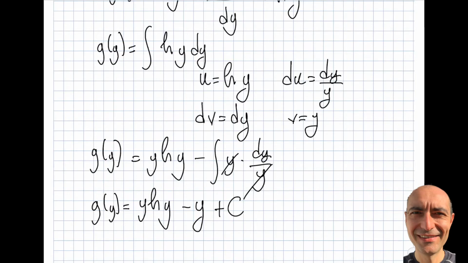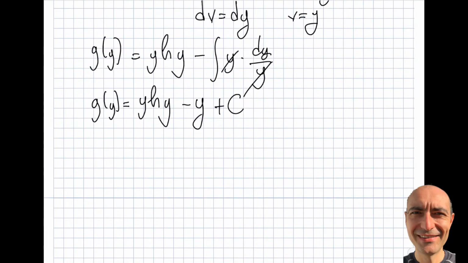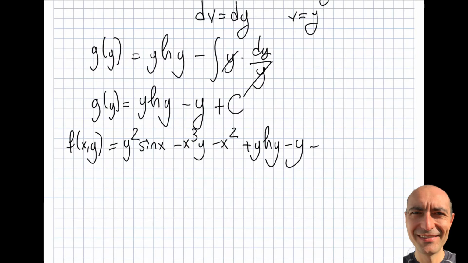So now you know what the integral of ln y is. Then let's reinsert the whole thing. So f(x, y) will be equal to y squared sin x minus x cubed y minus x squared plus y ln y minus y plus a constant of c.